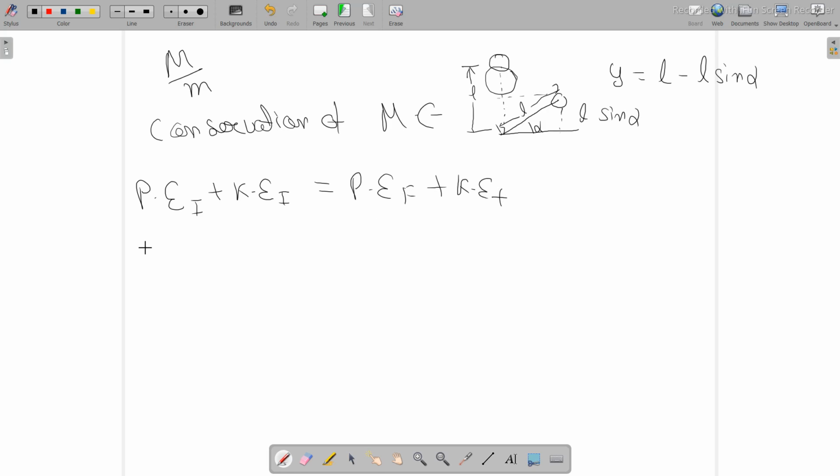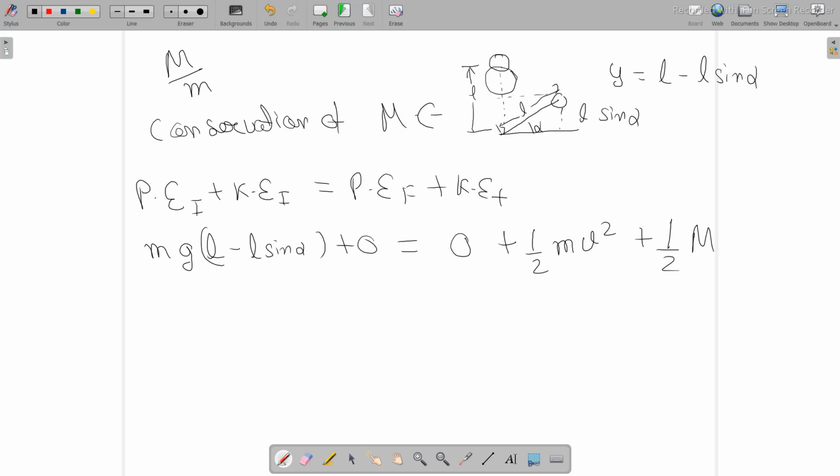Potential energy initial is m g y, that is m g L minus L sine alpha, plus kinetic energy 0. Now potential energy final is 0 plus kinetic energy, which is half small m v square plus half capital M into u square.